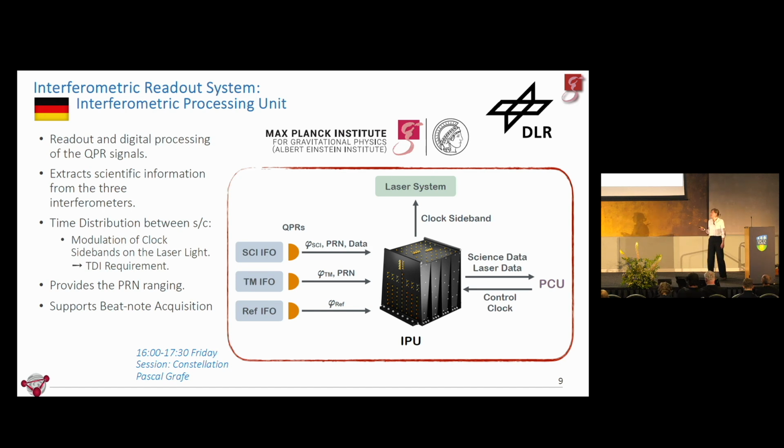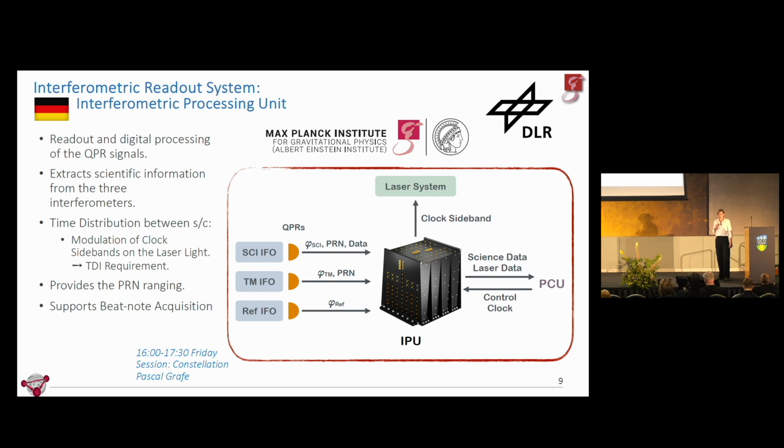It also provides the timestamping for the measurement, as well as ensures the distribution of its own clock into the far spacecraft and the second interferometric processing unit on the second MOSA on the same spacecraft via sending the clock sideband modulation signal into the laser system. So it provides the laser system with the so-called clock sideband. This is something Tony mentioned in his talk yesterday.